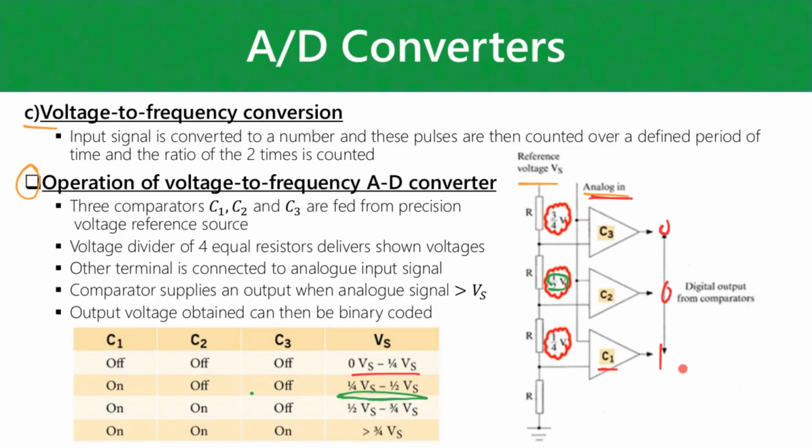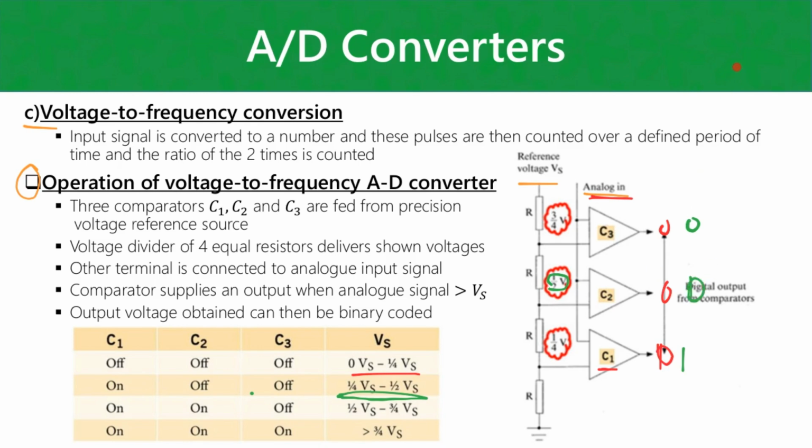So that's going to output 1 there, 0 there. Oh, I said below 1/4 of your reference, actually it's not going to activate that C1. I see that now. It's going to be 0. Sorry about that, guys. That's going to be 1, 0, 0.